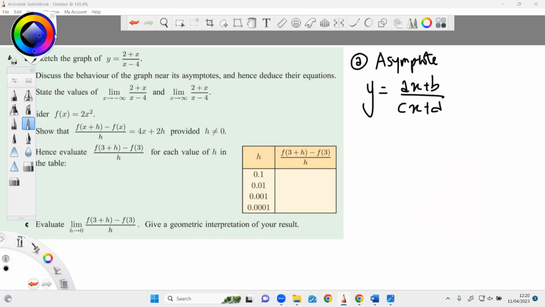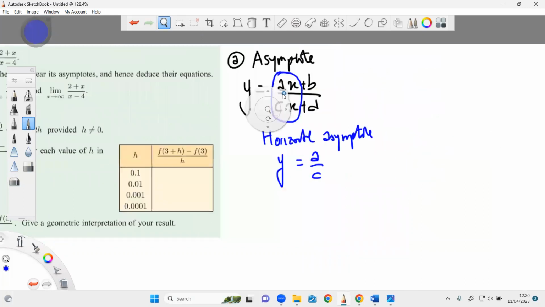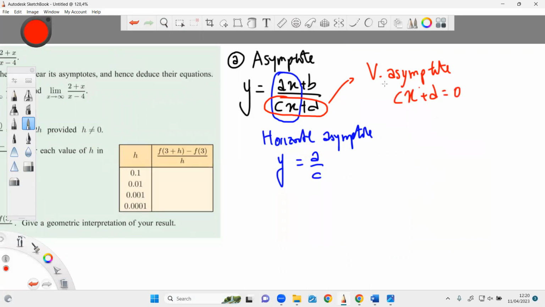So this will be the horizontal asymptote. The formula of the horizontal asymptote is y equals a over c. And there will be some prohibition, which is called the vertical asymptote, where cx plus d equals 0.